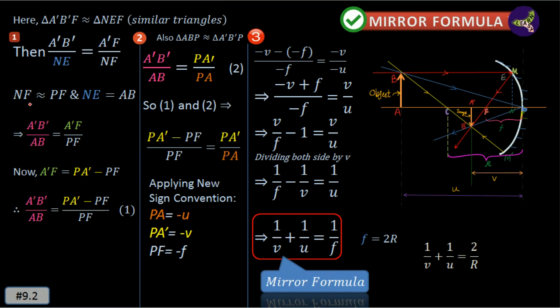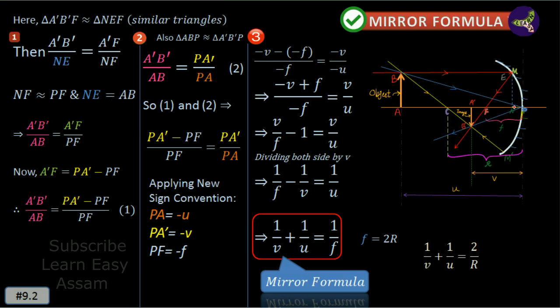Now NF is nearly equal to PF. So we can assume that N and P are at the same position. Though in this diagram they are not in the same position, in the actual case they are nearly at the same position. That is why we can consider NF equal to PF and NE equal to AB.